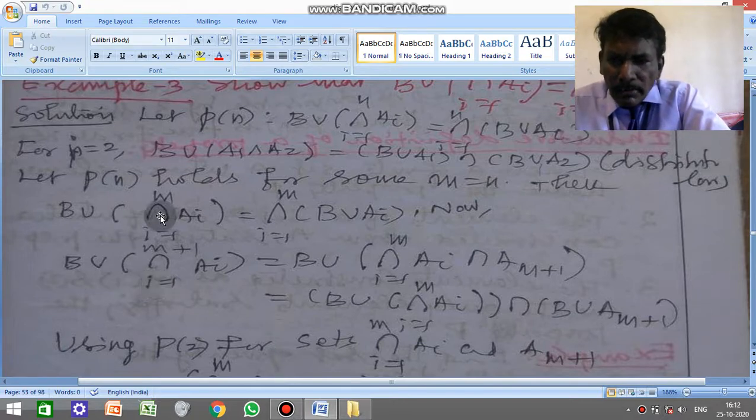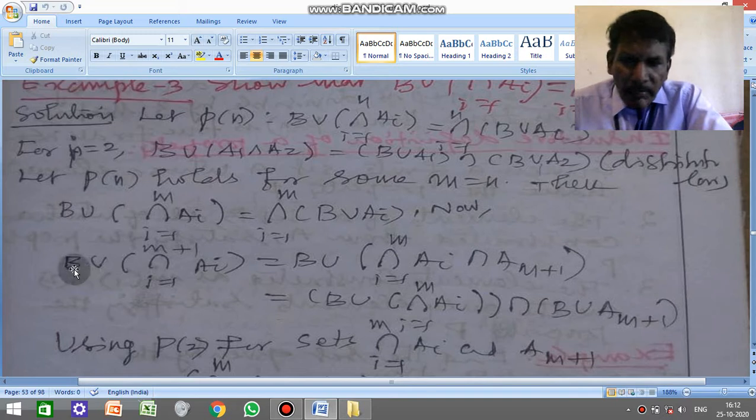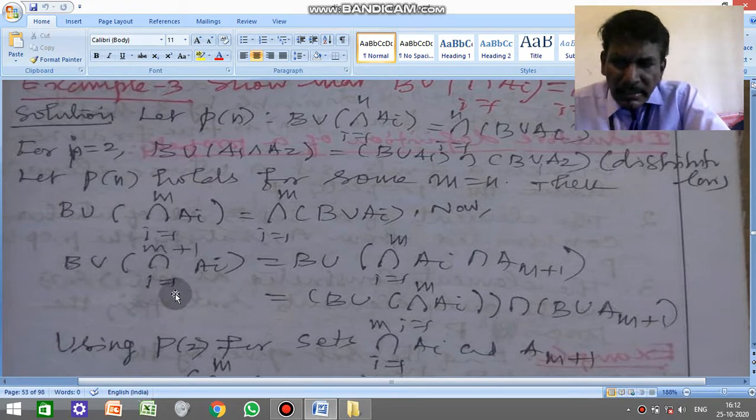Okay, now how can we write this? Suppose it is true for m, then B union intersection i tends to 1 to m plus 1 Ai. So instead of m we are writing m plus 1, and that is equal to B union, intersection i equal to 1 to m Ai intersection A m plus 1.